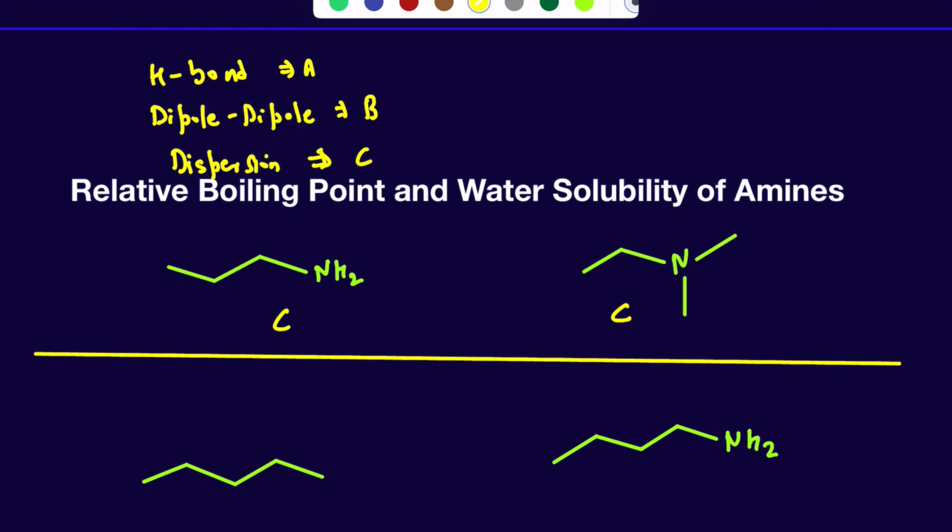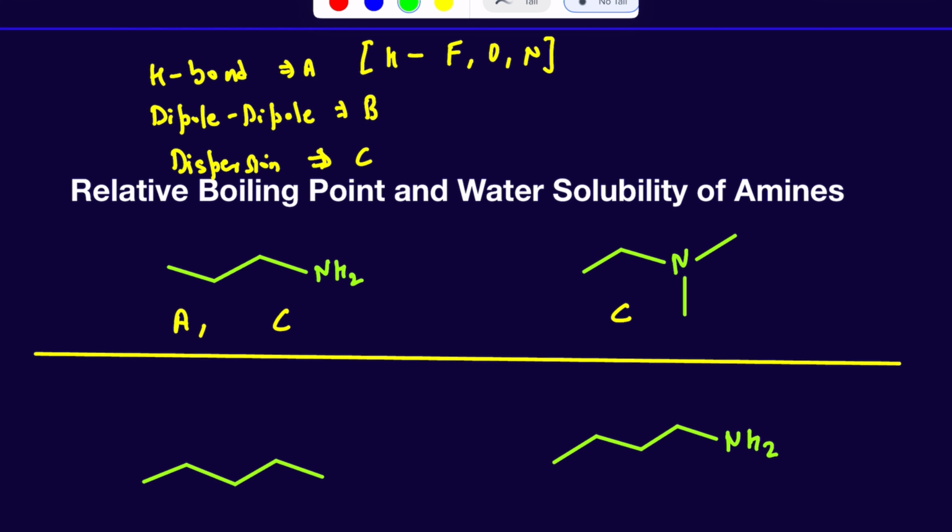Now when I'm looking at what other intermolecular forces this can make with itself, well, I do see a nitrogen directly connected with these two hydrogens. And remember, the criteria for the hydrogen bond is the hydrogen must be connected with either fluorine, an oxygen, or a nitrogen. So that means this actually can make hydrogen bonds. So I got A in there. And then I also see there is a polar bond that's going to be between the carbon and the nitrogen.